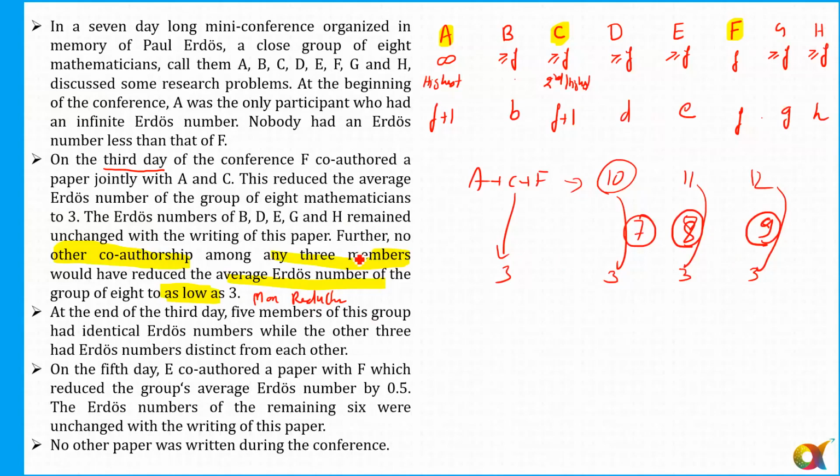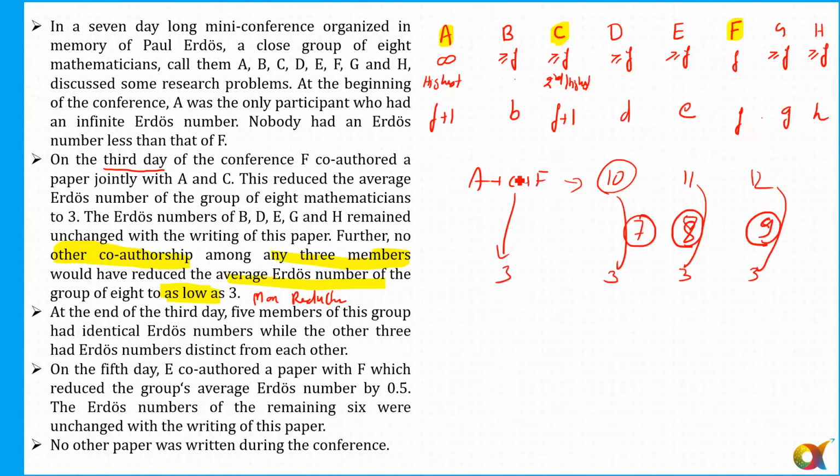So when the statement says, further, no other co-authorship among any three members would have reduced the average Erdős number of the group of 8 to as low as 3, it means there is a maximum reduction.